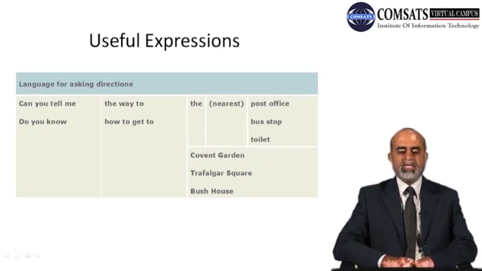You can start your sentence with, can you tell me the way to Covent Garden? Can you tell me the way to Trafalgar Square? Do you know how to get to the toilet? Do you know how to get to the bus stop? Do you know how to get to the nearest post office? Can you tell me how to get to the nearest post office?